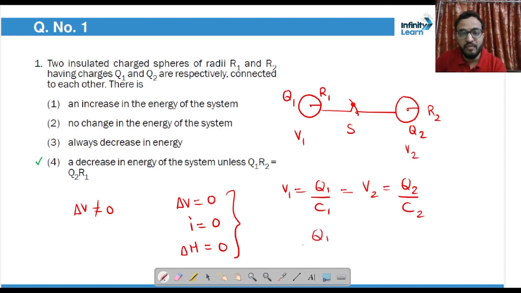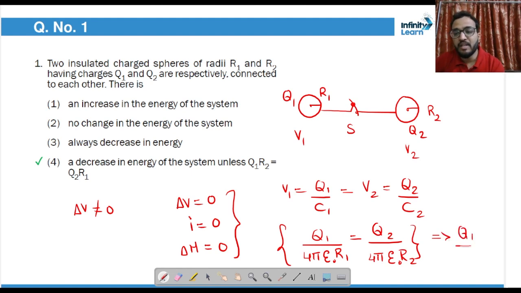So what is C1? 4 pi epsilon naught R1. This is Q2 upon 4 pi epsilon naught R2. Okay, from here we can say that Q1 upon R1 must be equal to Q2 by R2. Under this condition only, there will be no decrease in the energy of the system. So fourth option is correct.